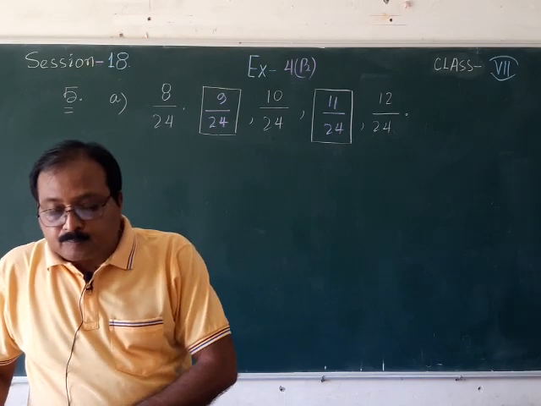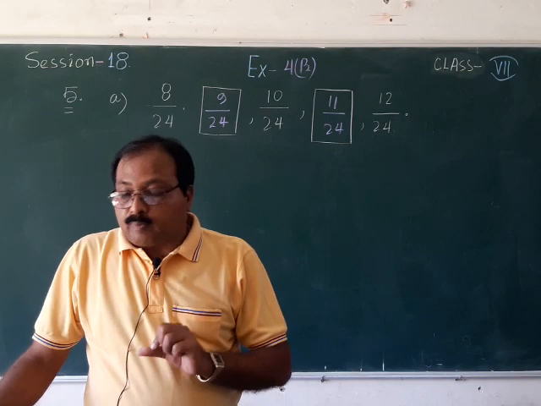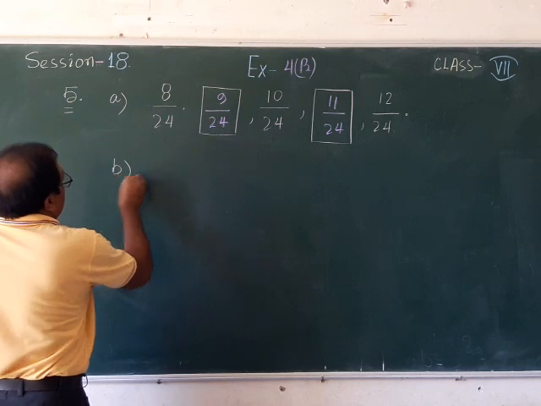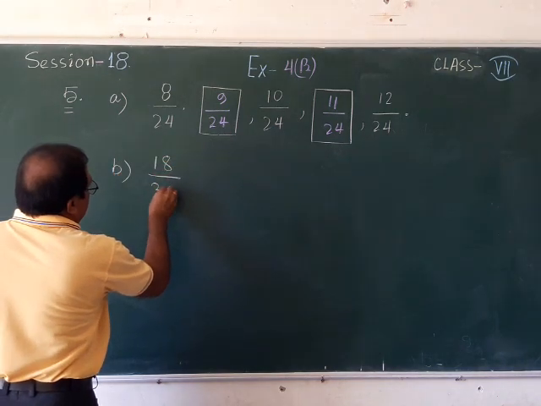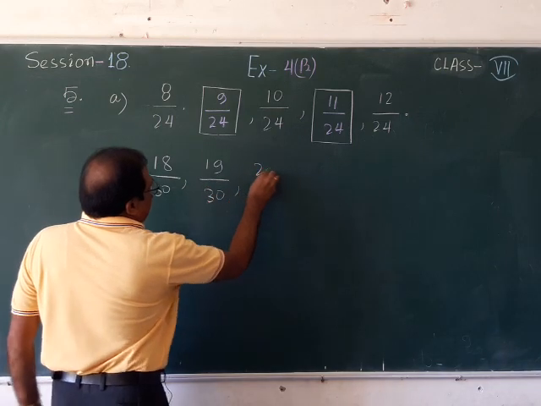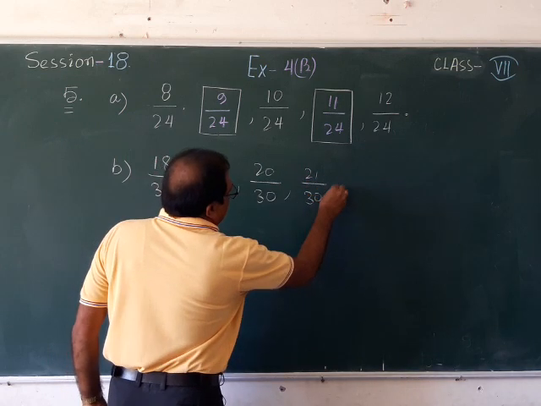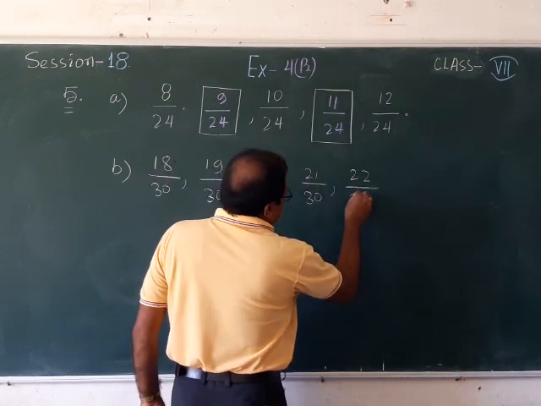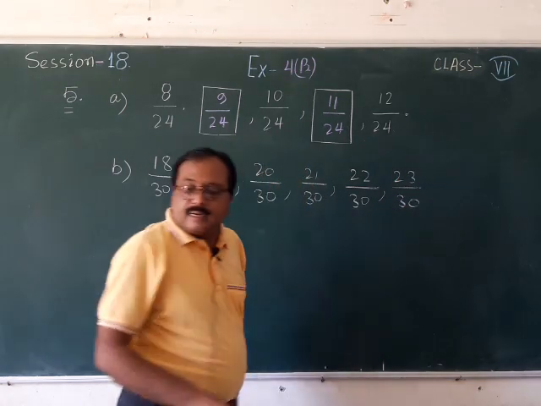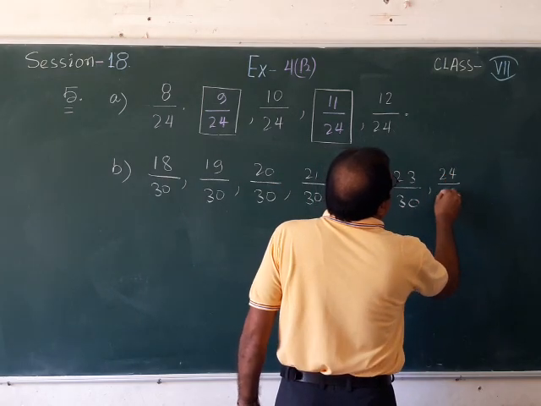Once again I am repeating. Question number 5b, it is written 18 upon 30. So after 18 upon 30 you can write 19 upon 30, then you can write 20 upon 30, then 21 upon 30, then 22 upon 30, then 23 upon 30, and the last number is 24 upon 30.